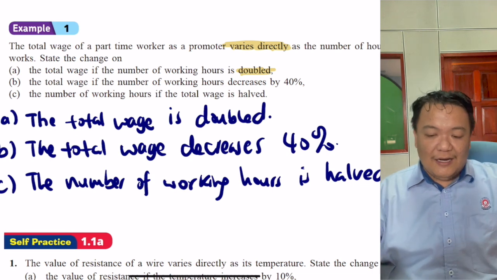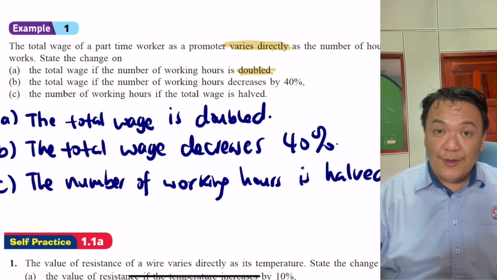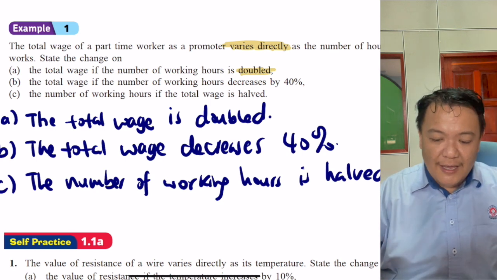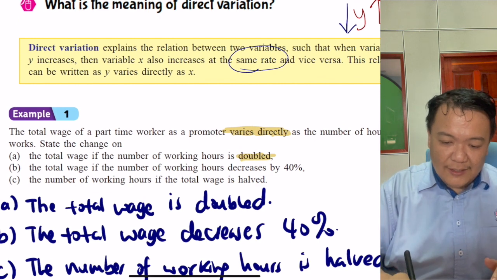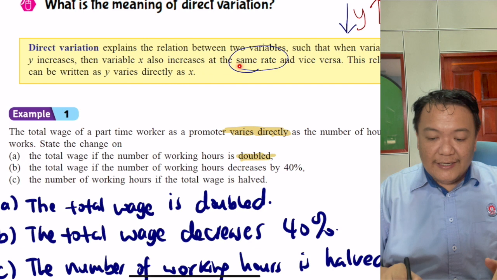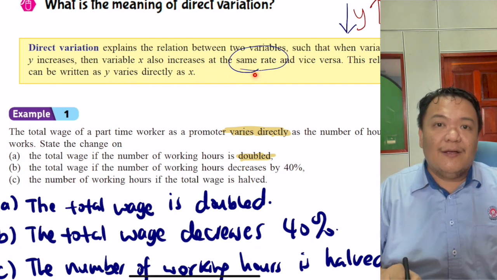Kalau gaji separuh, masa bekerja pun separuh. Kalau gaji double, maksudnya masa bekerja pun double. Kenapa? Because we know that, look over here, if varies directly, dia akan same rate lah. If increase, it will be increased at the same rate.